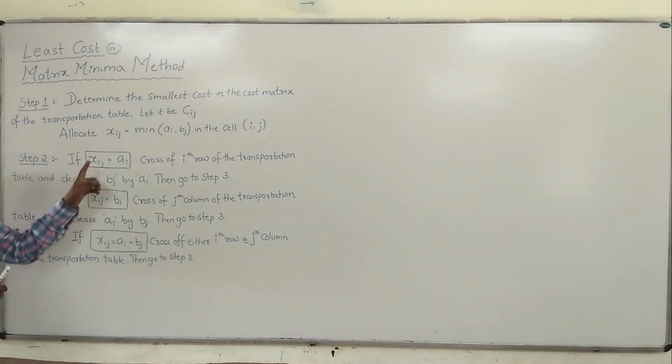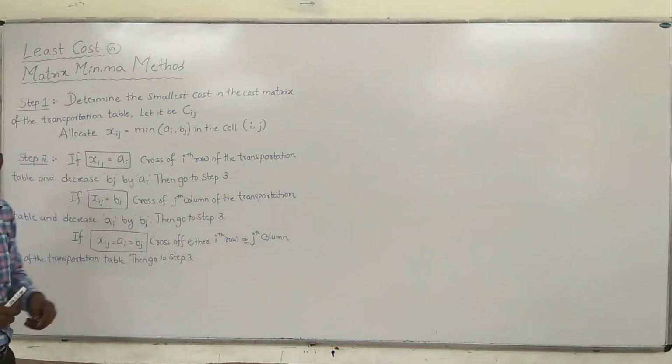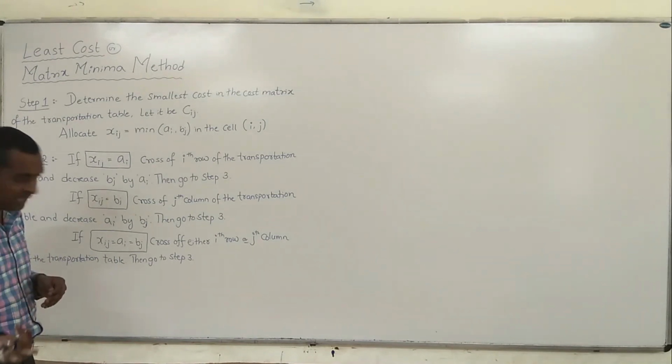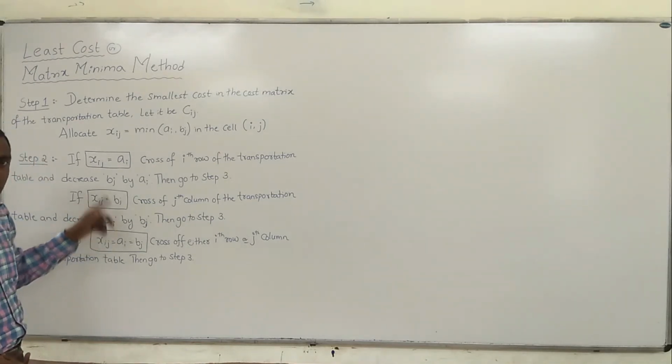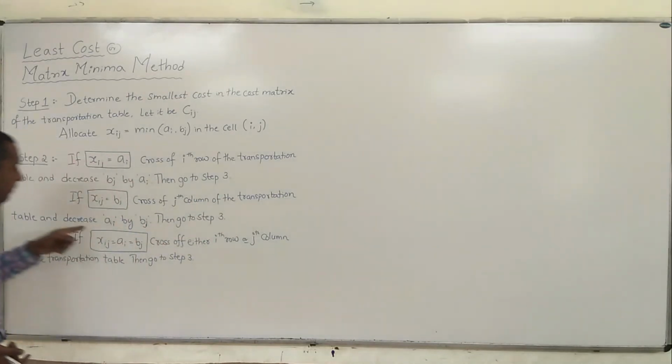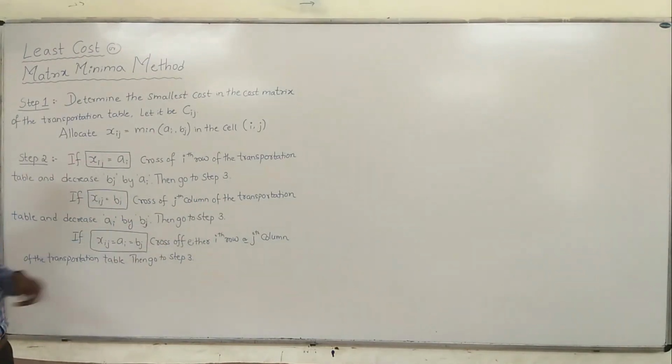If the smallest is a row, then cross off that row and decrease Bj by Ai. Go to step 3. If the smallest is the column, then cross off that column and decrease Ai by Bj.